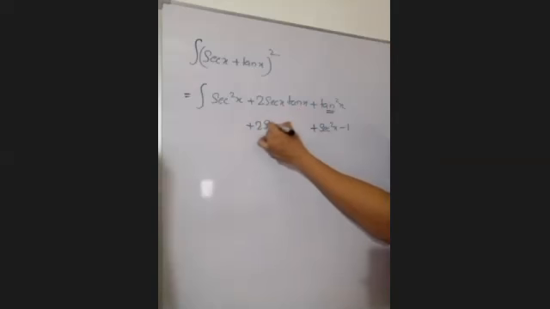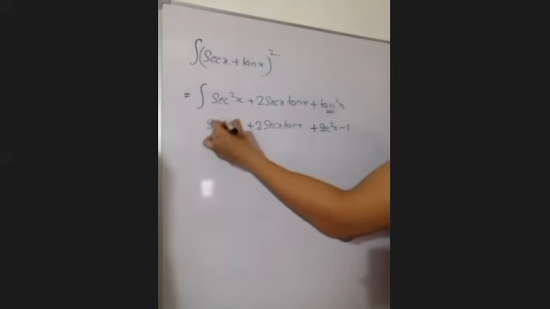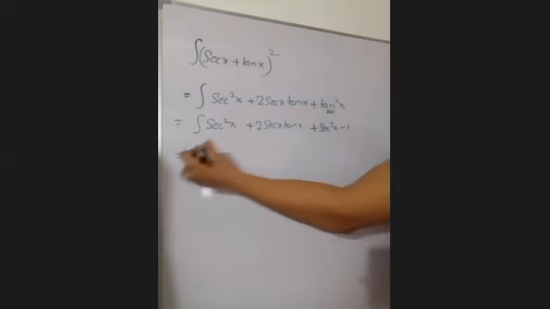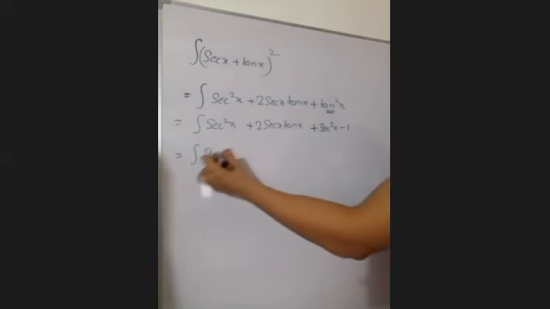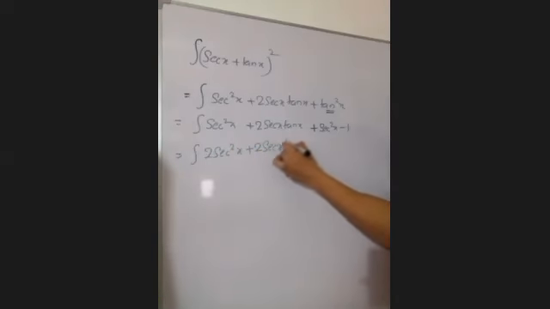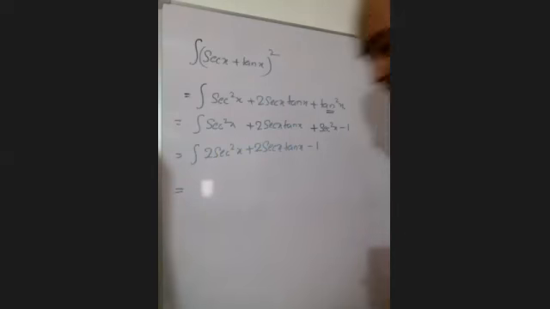Now I can add these two terms: that is 2 sec squared x plus 2 sec x tan x minus 1. That's a fact we have to understand.